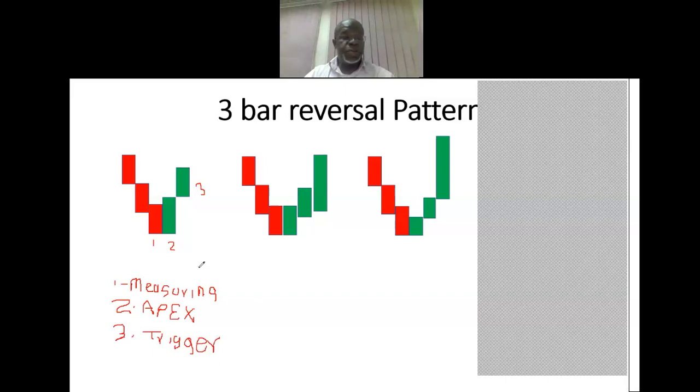Meaning that when this is forming, you'll probably just see candle one and two. Three will not have formed yet. When candle two behaves this way, then you know you are starting a reversal pattern. At the bottom, it's about the same.